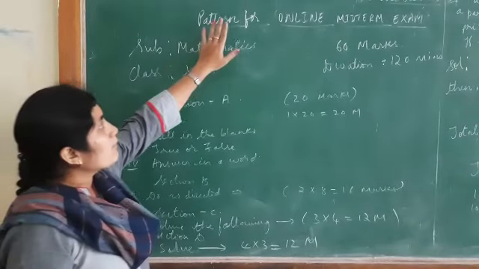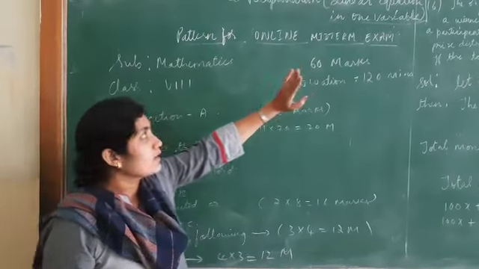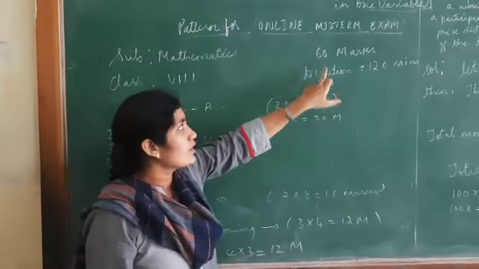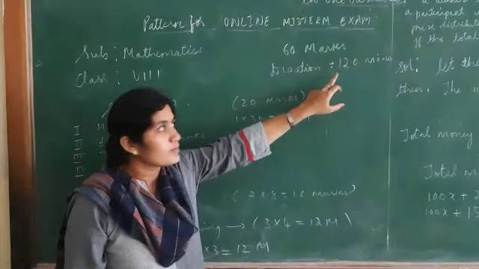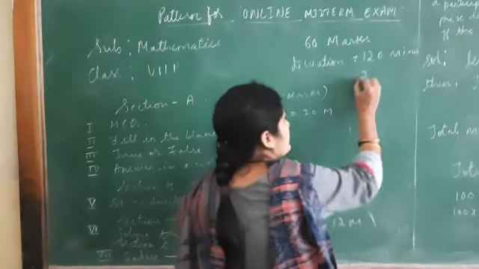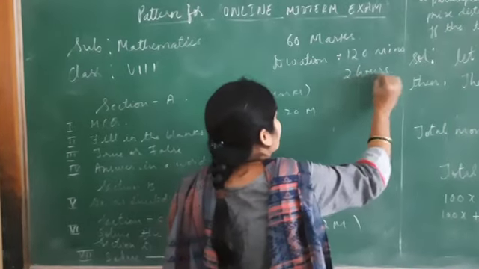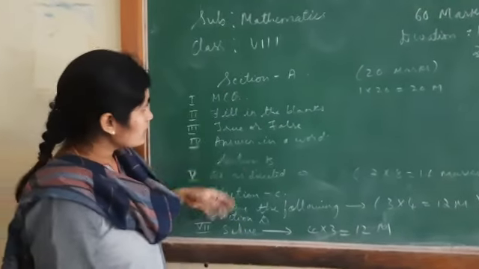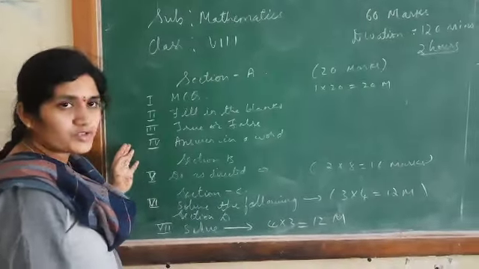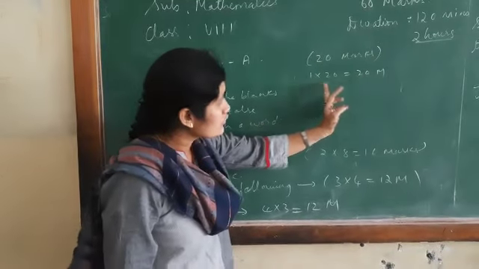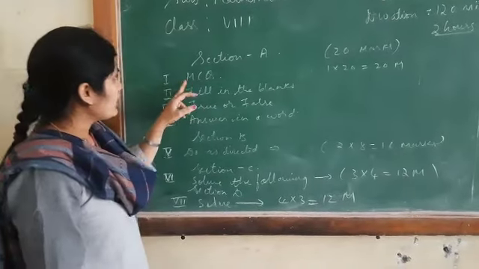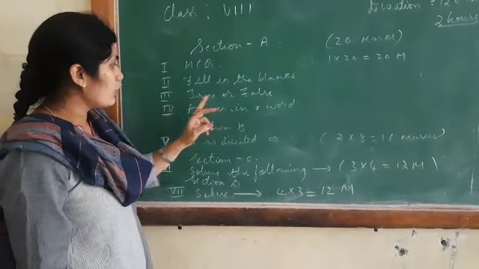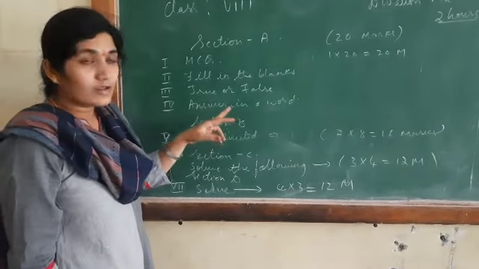So dear children, the pattern for the online midterm exam is: subject mathematics, class 8, marks 60, and the duration is 120 minutes, that is nothing but 2 hours. The pattern is, you have 4 sections. Section A, all are objective type and it consists of 20 marks. First bit is MCQ, second bit is fill in the blanks, third bit is true or false, fourth bit is answer in a word.